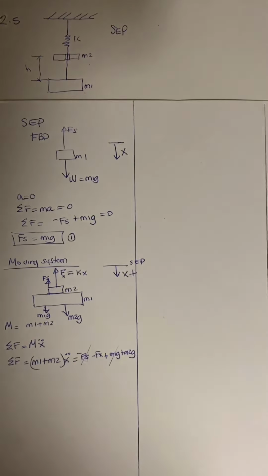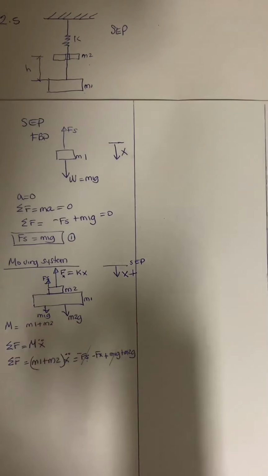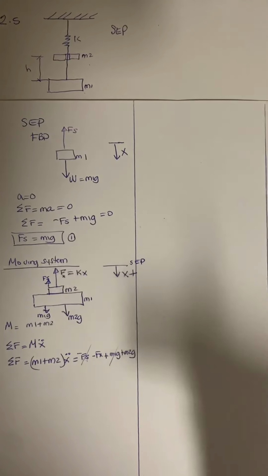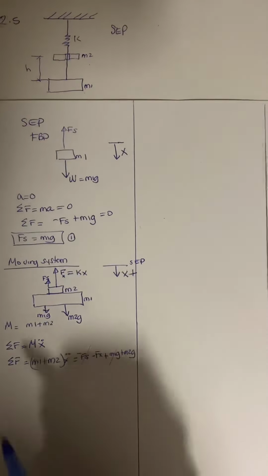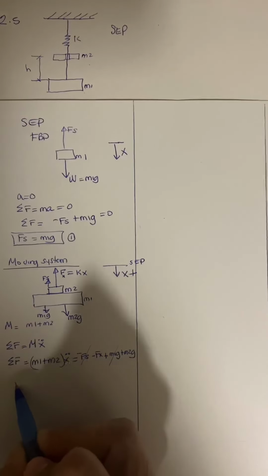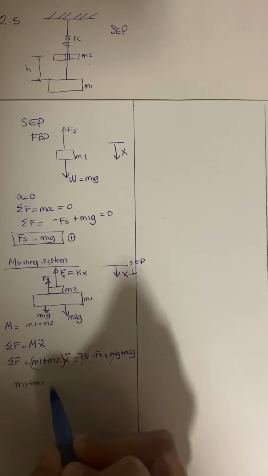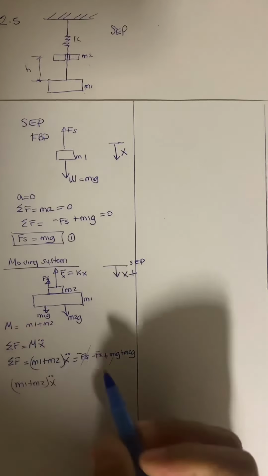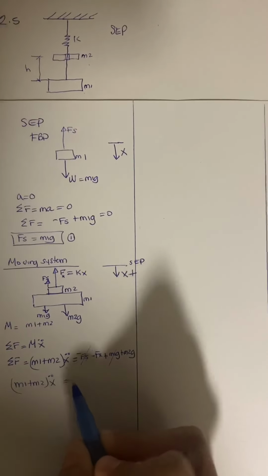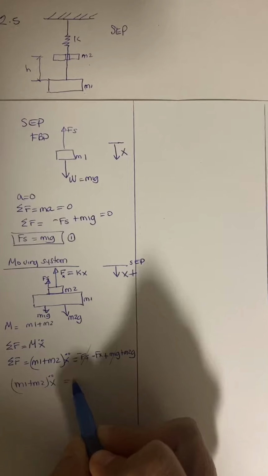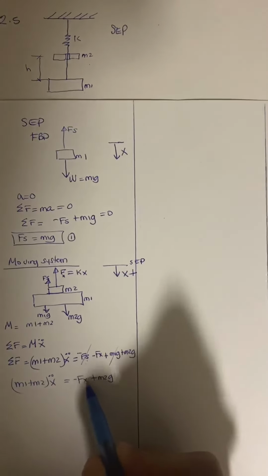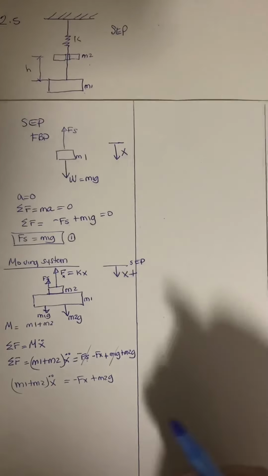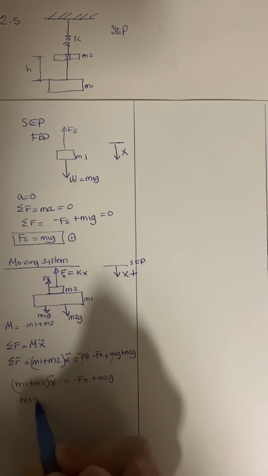Therefore, for future problems, if we start analyzing the problems from a static equilibrium position, we don't need to consider these forces. So now our equation of motion will be of the following form: minus kx plus m2g, where minus kx is the spring force.